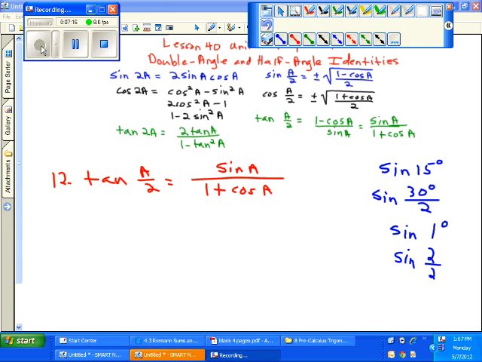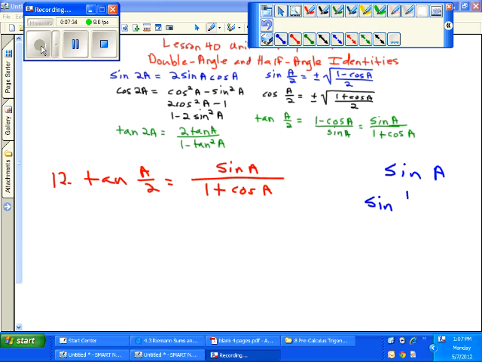So sometimes we do little tricky things just to get something to pop out, right? So what if we didn't know what the angle was? What if we said, well, let's just let the angle be A, but I want to write it as a half angle, so what would I do? I would say sine of 1/2 of 2 times the angle, or the sine of 2A over 2.